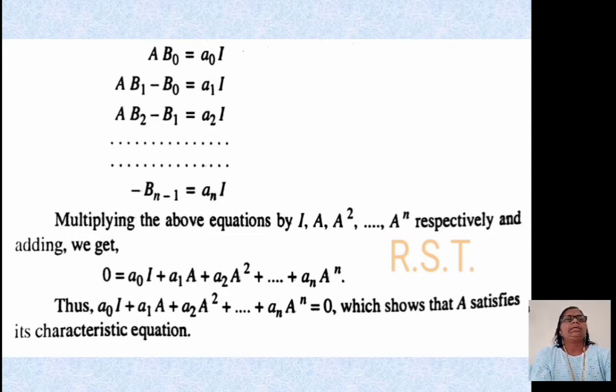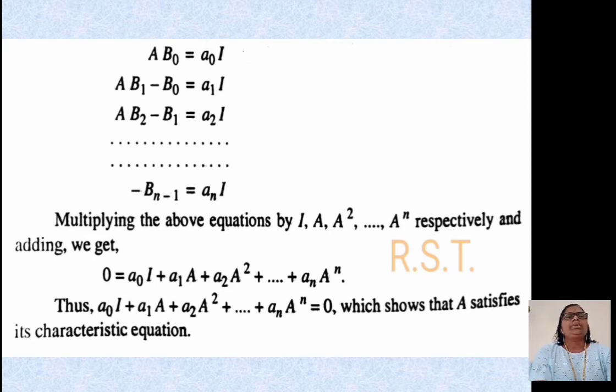That means every square matrix satisfies its characteristic equation. You know that the characteristic equation is a0 I + a1 x + a2 x square + ... + an x raised to n equal to 0. Every square matrix satisfies this equation means replacing x by capital A, this equation is satisfied.